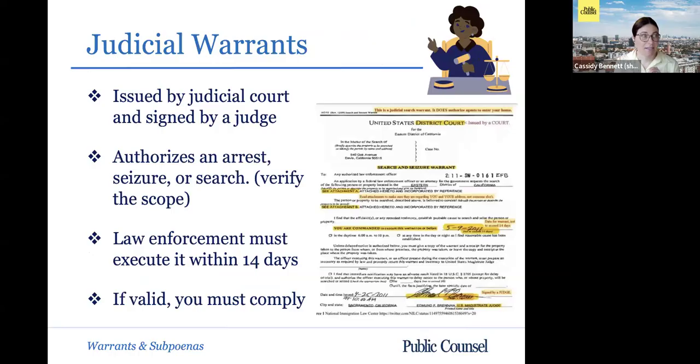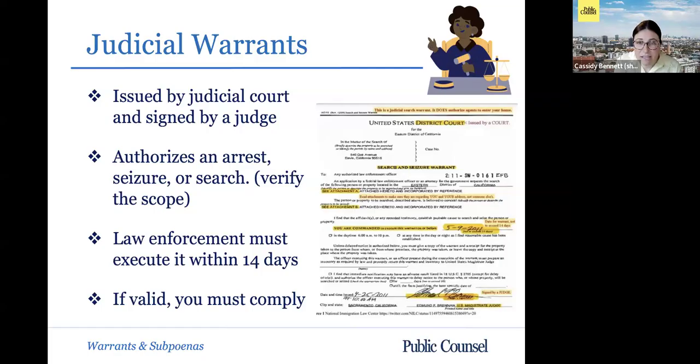So this is the example of a judicial warrant, and this is something that you do have to comply with. And there can be consequences for failing to comply. So it's something that you'll want to understand how to review if it's received. It's issued by a judicial court and signed by a judge.